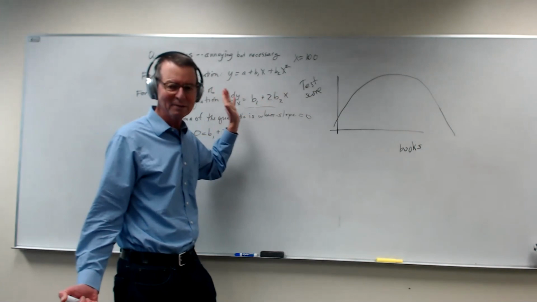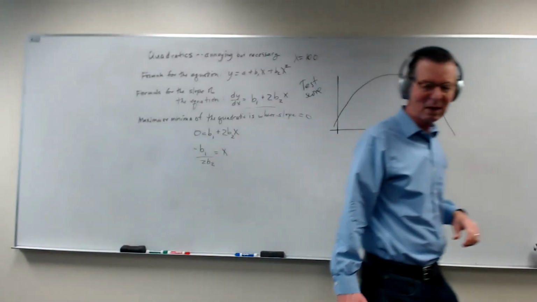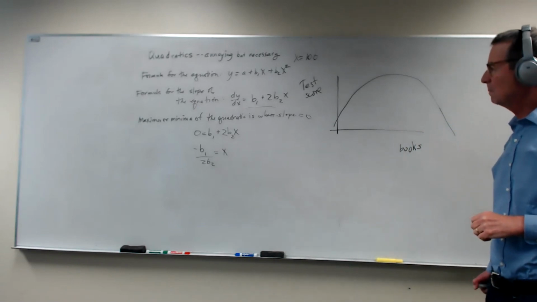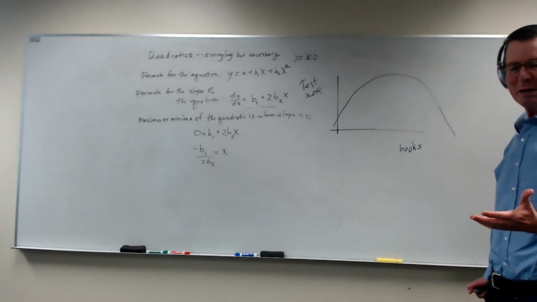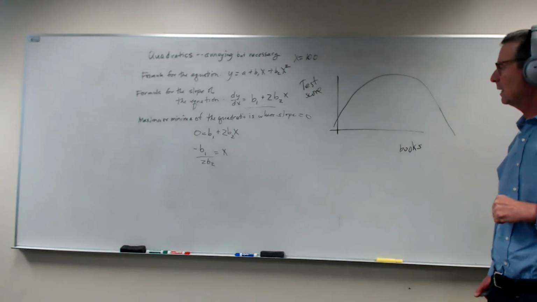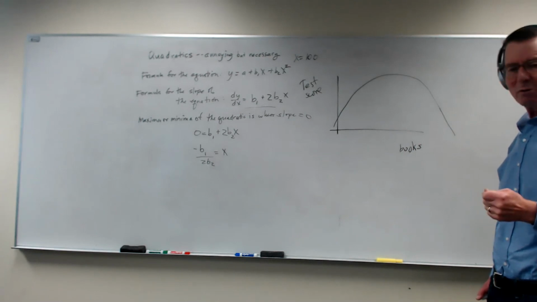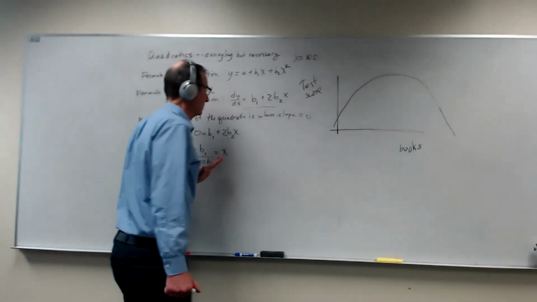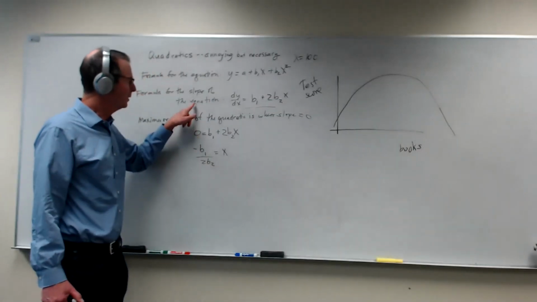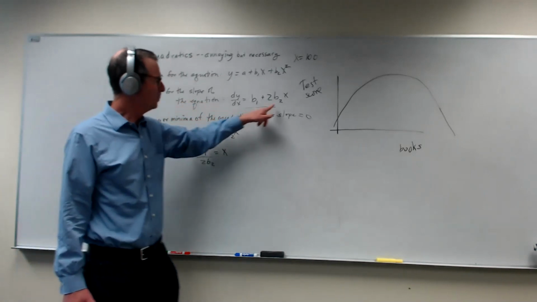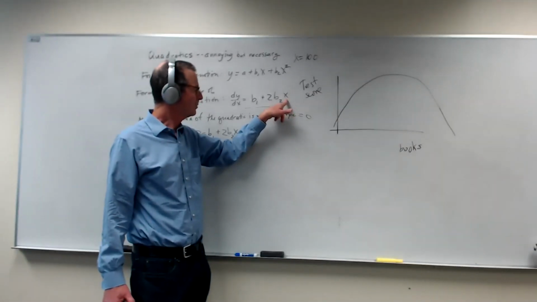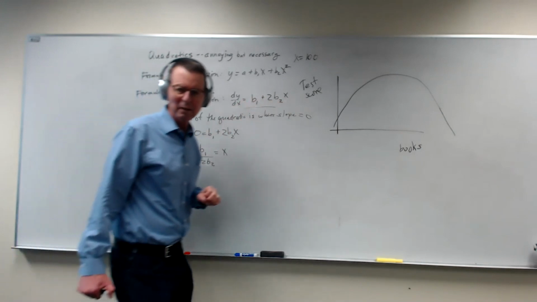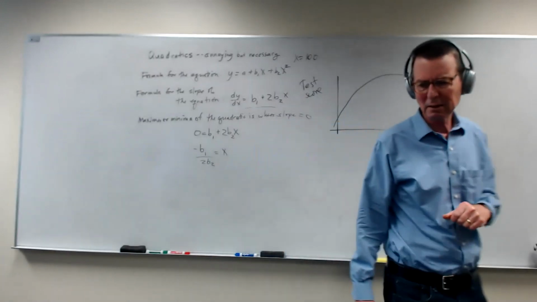That's the answer, and it turns out that was 0.006. People got 0.006 in a variety of ways, but it's most transparent to just find the slope of the equation at a particular point, which is just plugging x into the slope formula. Everybody see that? Any questions?